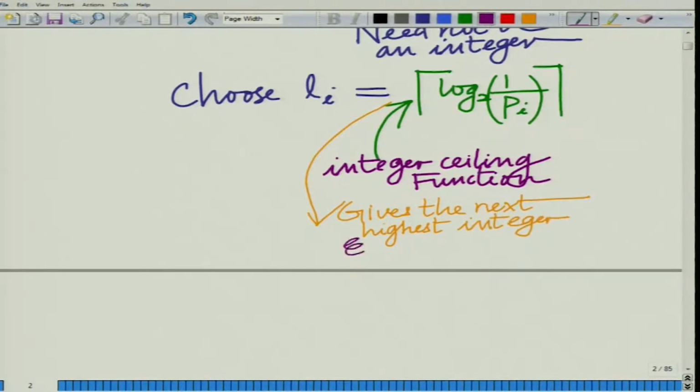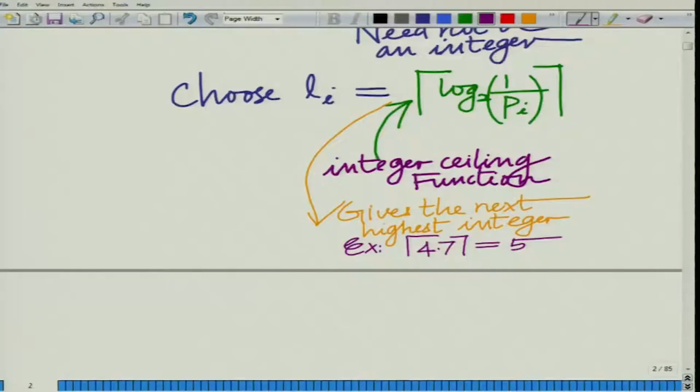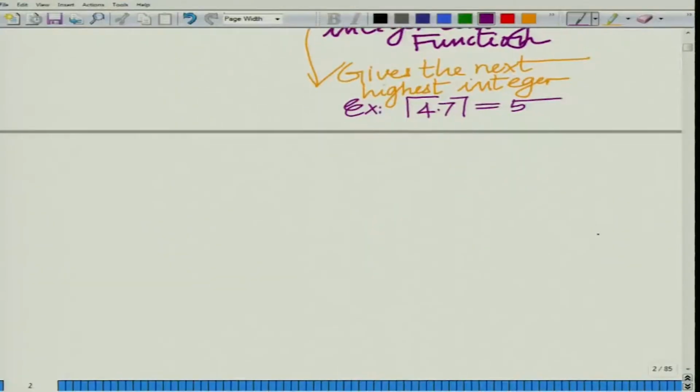For example, ceiling of 4.7 is equal to 5, and so on. It is a very simple function, all right. You take the next highest integer, because it is not an integer, you approximate it by the next highest integer.